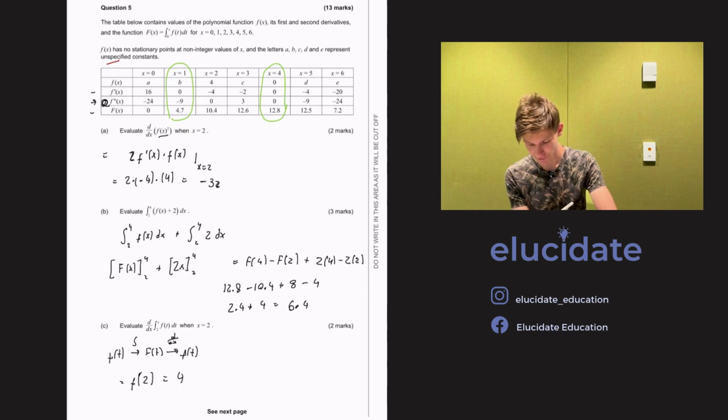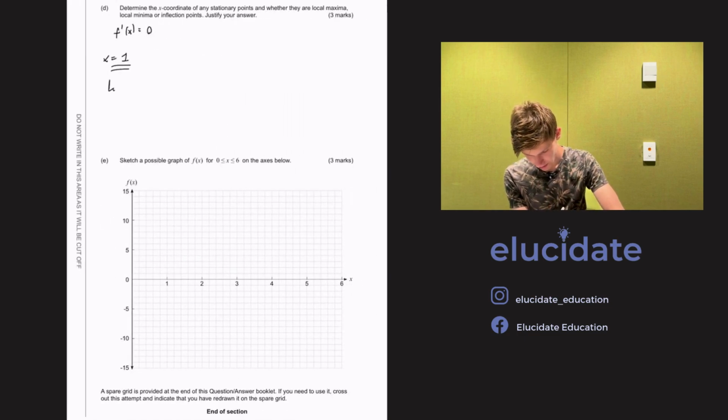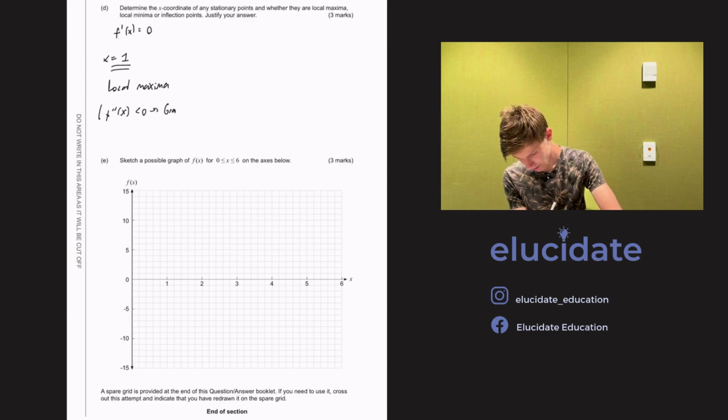So if the gradient is getting from positive to smaller positive to negative, then that is going to imply that it is a local maxima. And so we're going to write local maxima, brackets, f double prime of x is less than 0, implies that the gradient is decreasing.